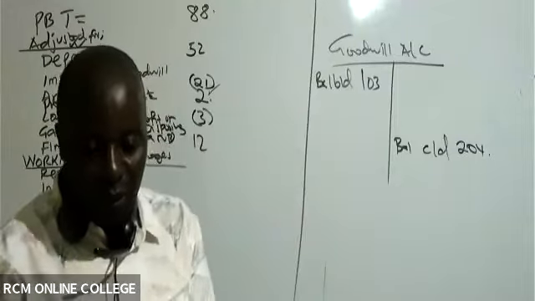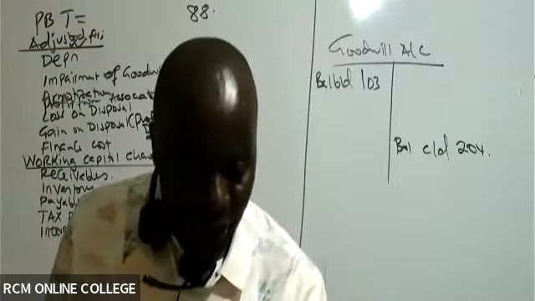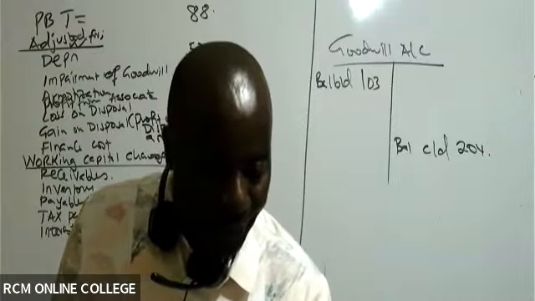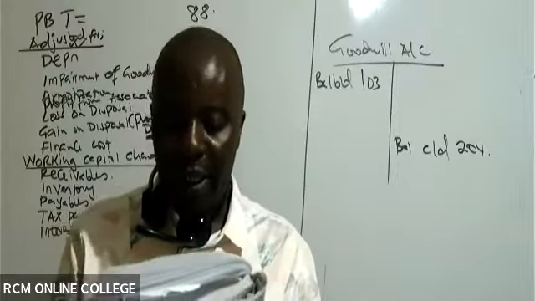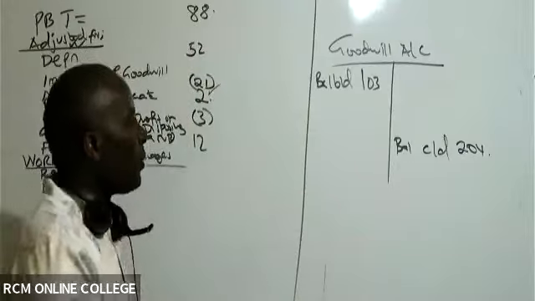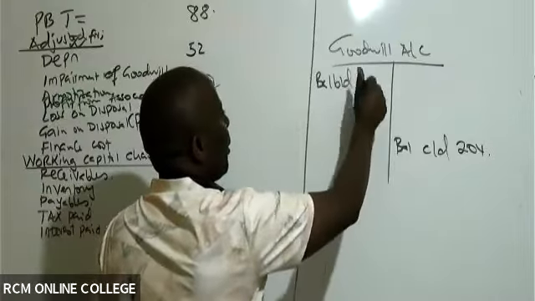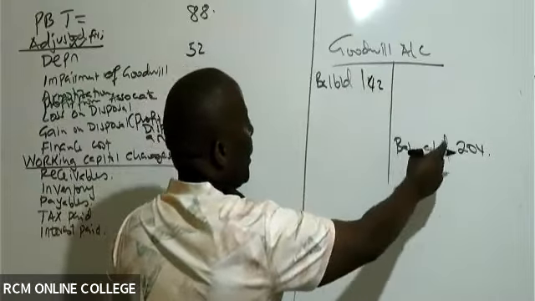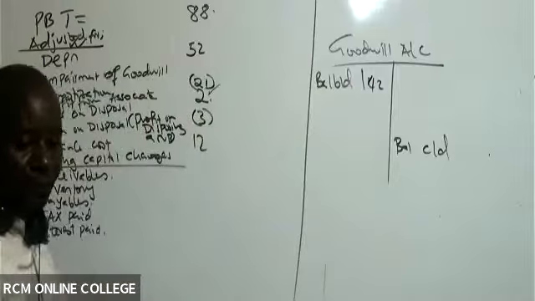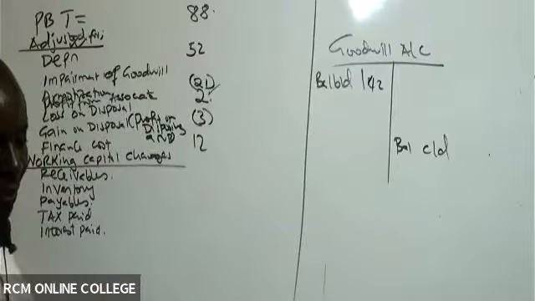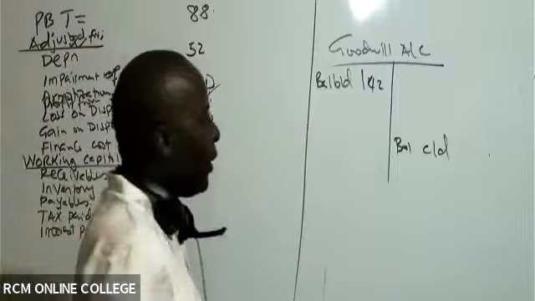They're saying, Mwalimu, this is 142. Balance brought down here is 142. How about balance carried down? I'm being told balance carried down is 75.